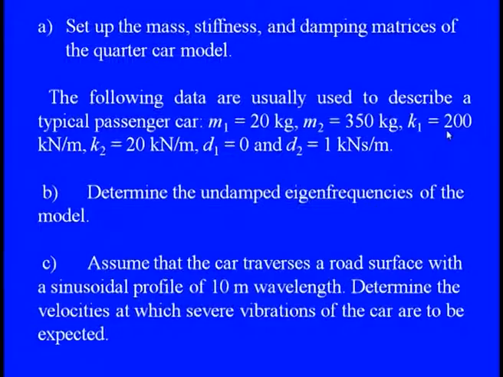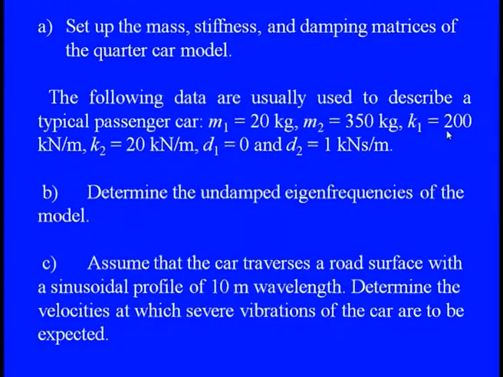Now, the data which we can straightaway use for the typical passenger car: M1, the wheel, is 20 kilogram, and M2, the body mass, meaning 1/4 of the entire vehicle, is 350 kilogram.